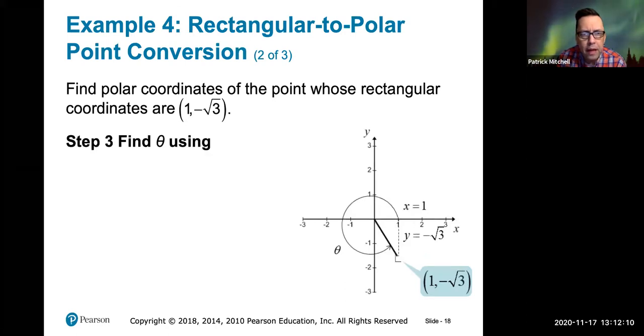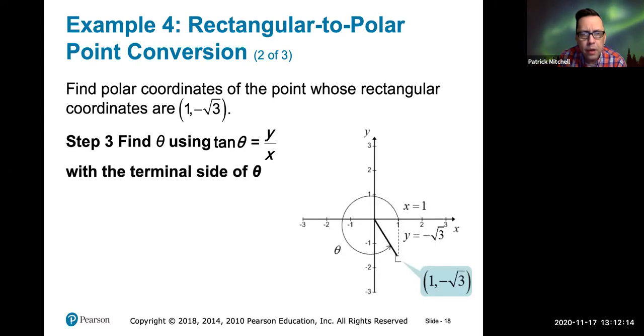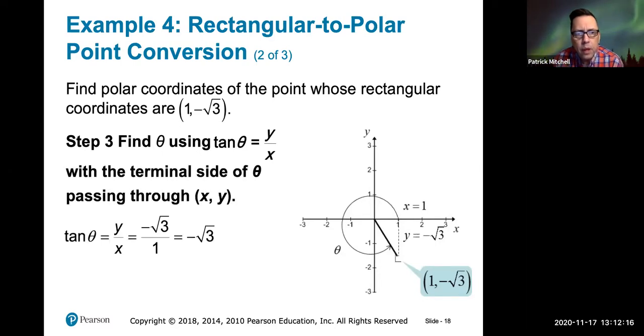And then find theta using tangent theta equals y over x. y over x is negative root 3 over 1, which is negative root 3. And the value of theta that satisfies tangent theta equals negative root 3 is 5 pi over 3.